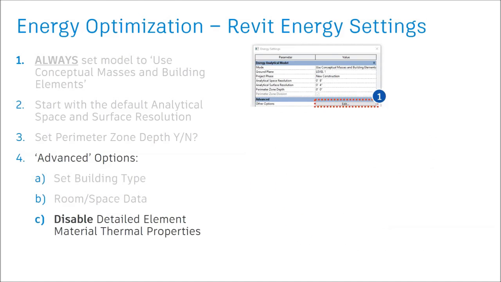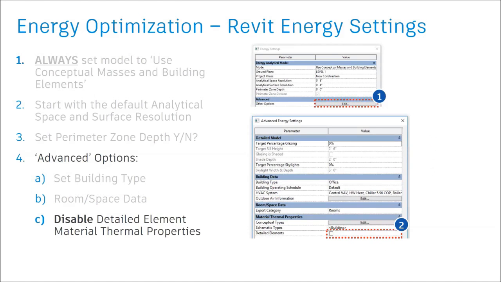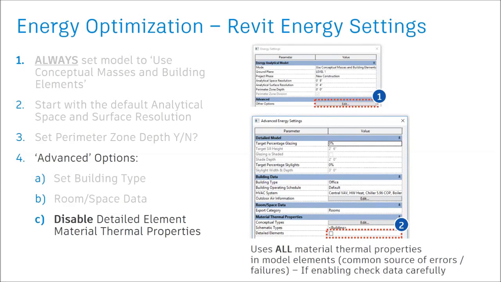And then finally, I highly recommend you do this first time. A lot of people get tripped up on this. If you go to the advanced settings, always check to begin with that the detailed elements are disabled. Sometimes, on older model templates, or people go in and enable them because they think they need them. It's often a problem, because when you tick that, it will use all material thermal properties found in the model, in all the elements and layers.